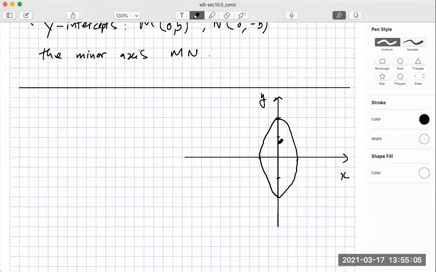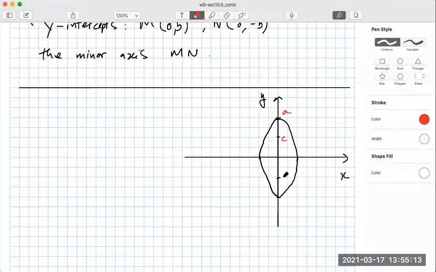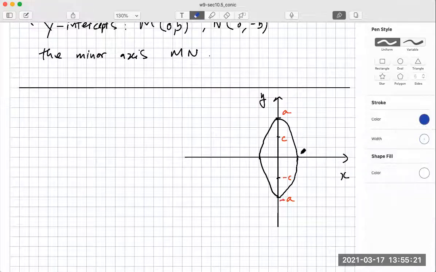Then the same story. To avoid confusion between notation, here is a, this is c and negative c. Here is negative a. Now we call this b and negative b here, right? So the same story.